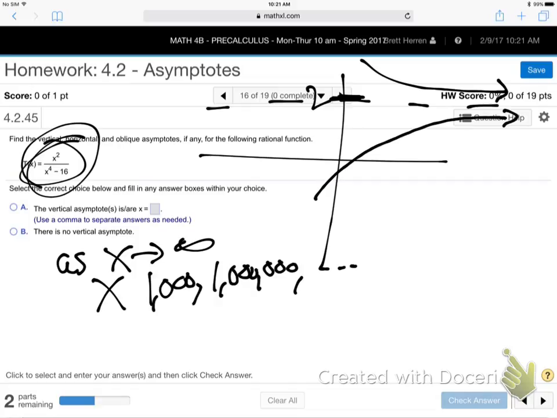Whoever's more powerful is going to win. It's a tug-of-war between the numerator and the denominator. So if I plugged in 1,000 squared over 1,000 to the 4th minus 16, I'm just saying, way over at 1,000, what's that fraction going to do? Well, can you tell? The top's going to be 1,000 times 1,000, which is a million.